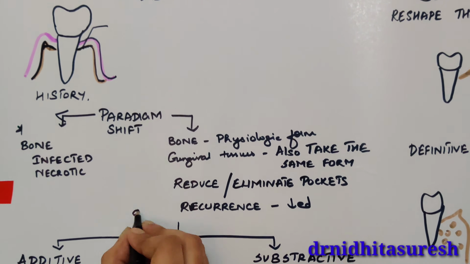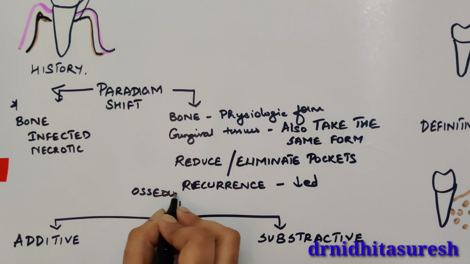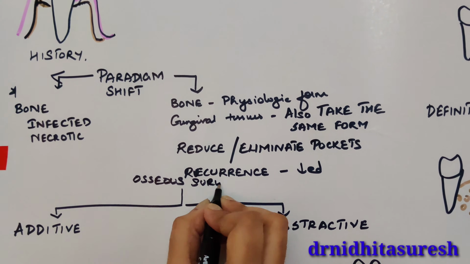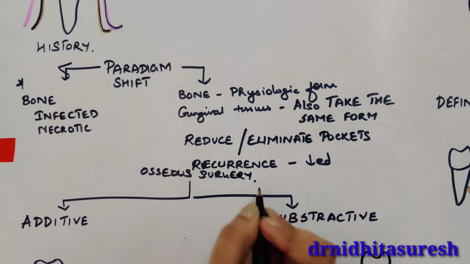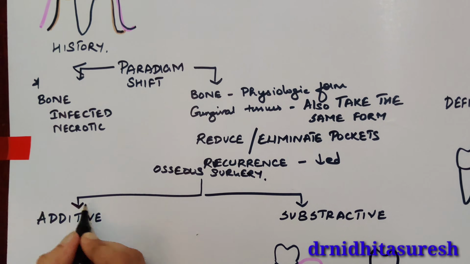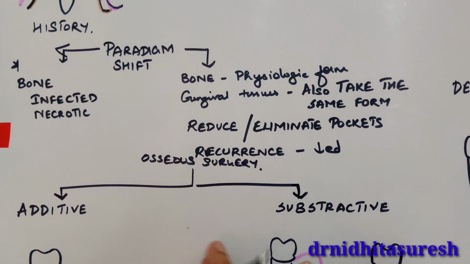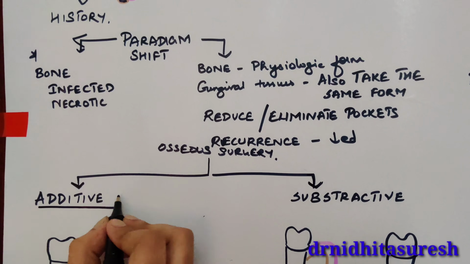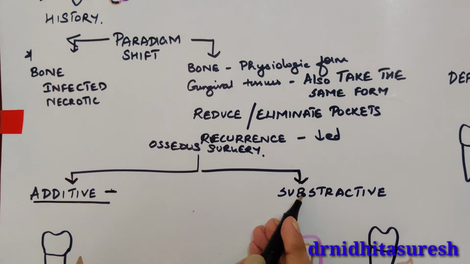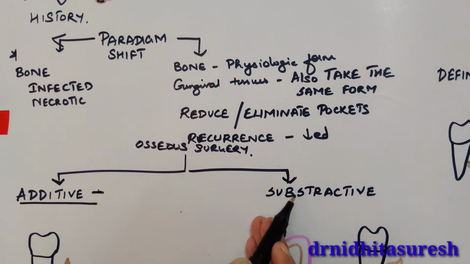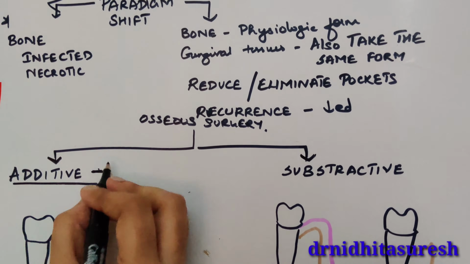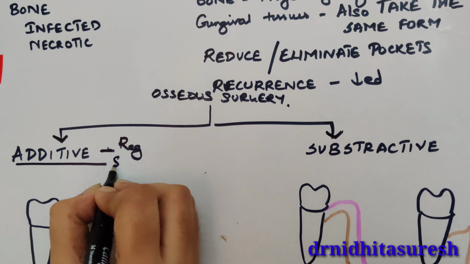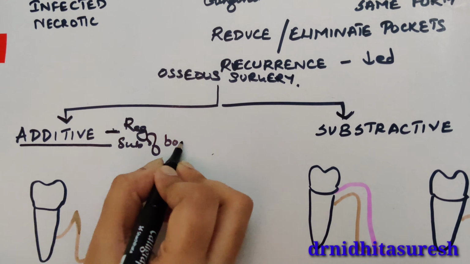Now, osseous surgery can be of both additive and subtractive in nature. As the name suggests, additive is nothing but you are adding some bone. Subtractive means you are subtracting or removing some kind of bone. Additive is mostly done in case of regeneration or substitution of bone.